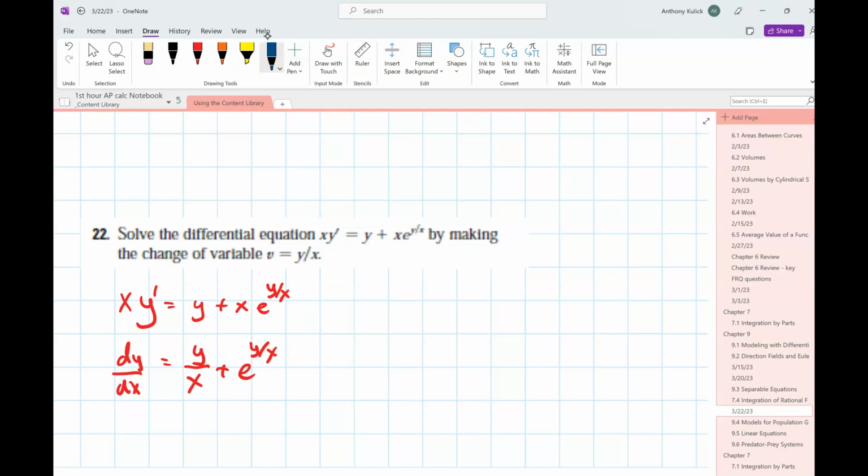Now is going to come in time for this substitution that they're asking us to do. So I think eventually I'm going to want to write this all in terms of v's and x's, since I know that vx is also y.